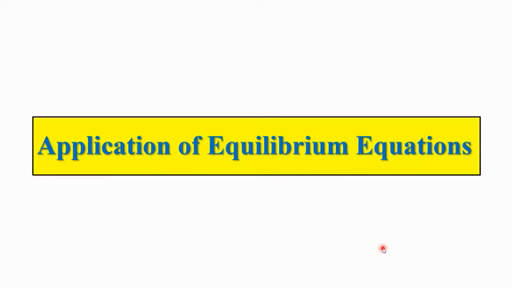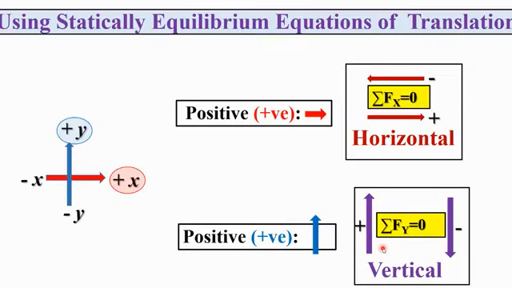Now application of equilibrium equations. So we know we have equilibrium equations for translation. Translation means towards x or towards y direction. Once we use the equation, summation of Fx is equal to 0.